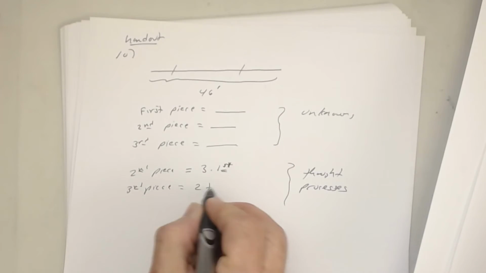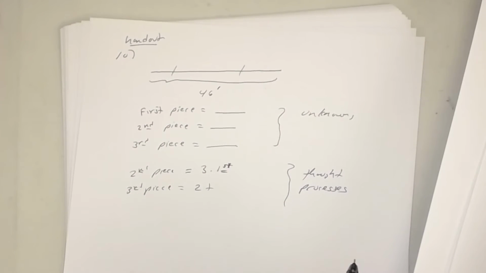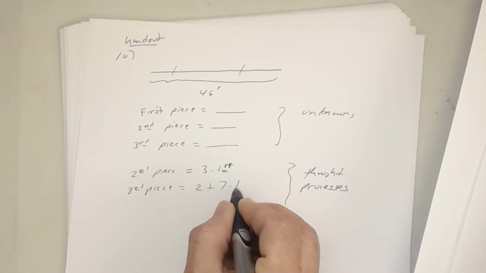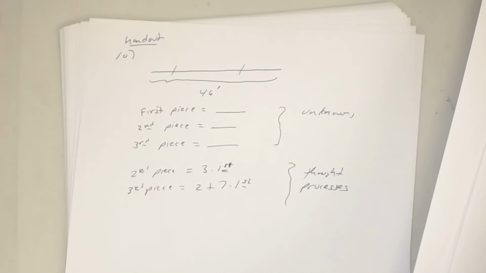So 2 plus 7 times the length of the first piece. What does that part mean? 7 times the first. So that's where we're at, and then it says find the pieces. You're told the second piece is 3 times the first, and the third piece is 2 plus 7 times the first.